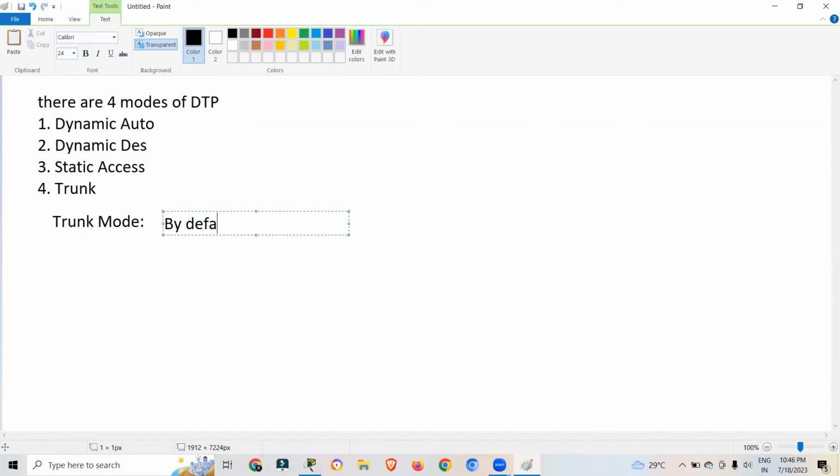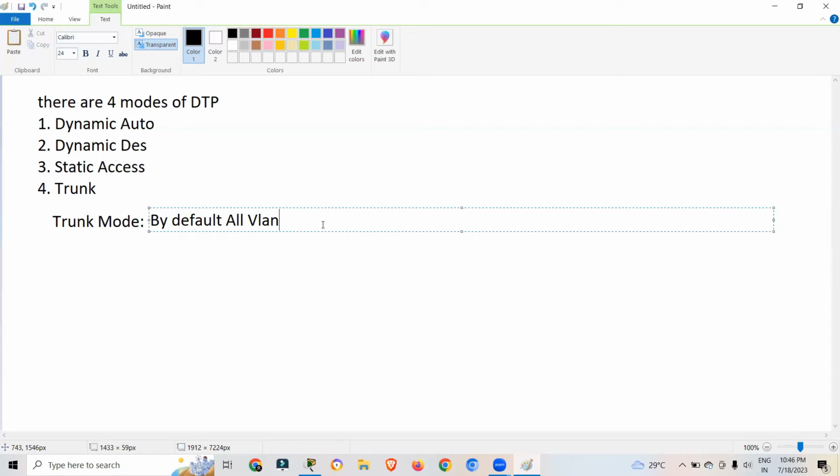By default, all the VLANs, as we have seen in yesterday's topic, can send the data through trunk mode, right? Yesterday we already saw that I can forward the VLAN 2 and VLAN 3 data through a single link with the help of a trunk link.